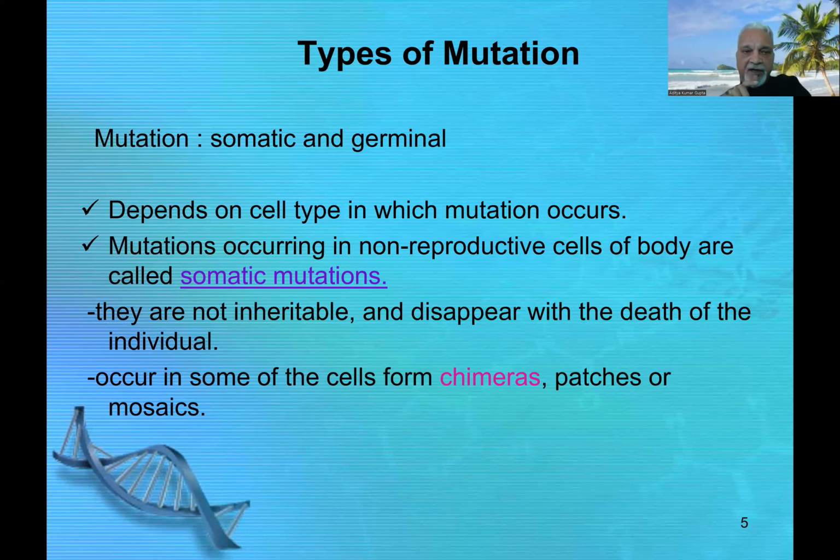They occur in an individual. They may have a phenotypic manifestation, but then they are gone with the death of that individual. They are not passed on to the next generation. That's one thing you have to remember to differentiate between somatic and germinal cell mutations. But if a mutation occurs in a germinal cell, that alone goes from one generation to another.